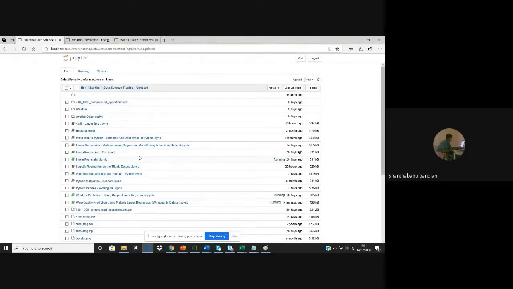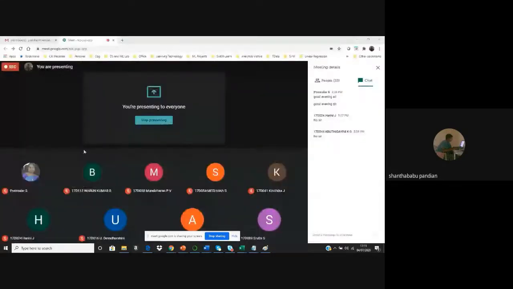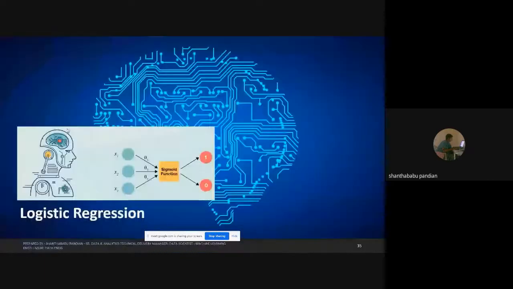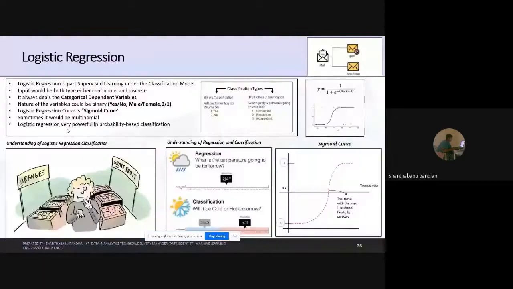Anyway, let me go into logistics. Logistic regression is a part of supervised learning under the classification model, in which the output is going to be a Boolean value: yes or no, male or female, 0 or 1. It's straightforward and very similar to linear regression.